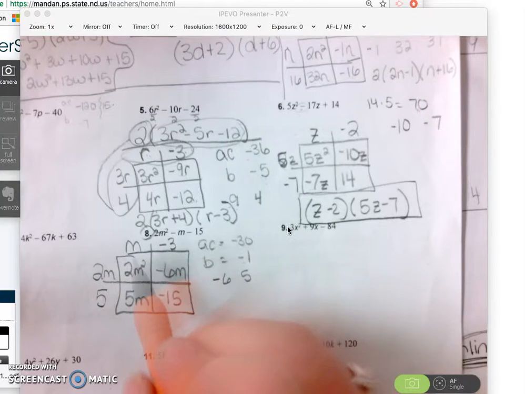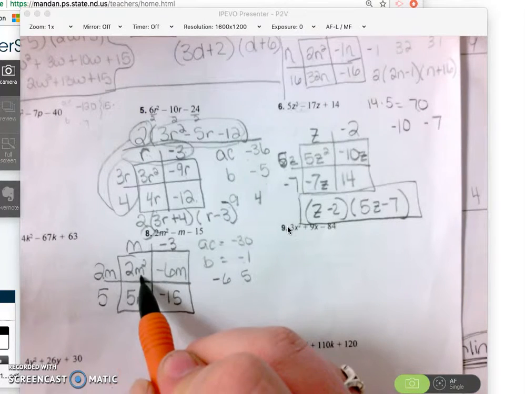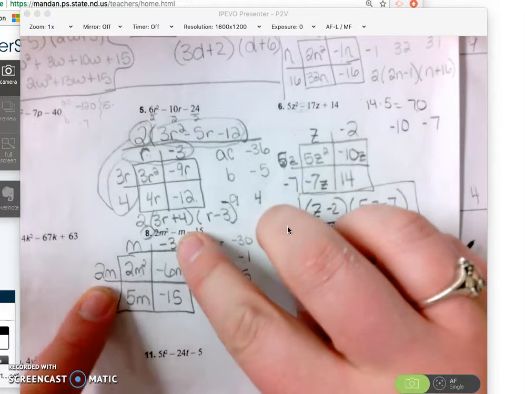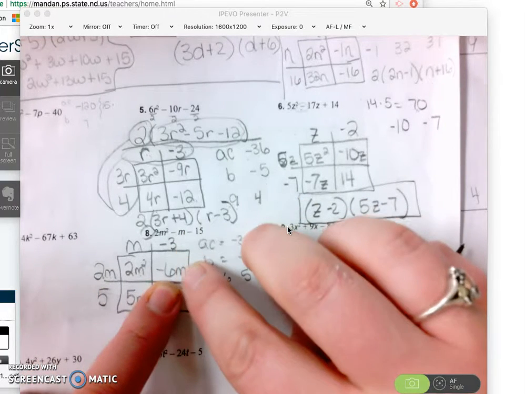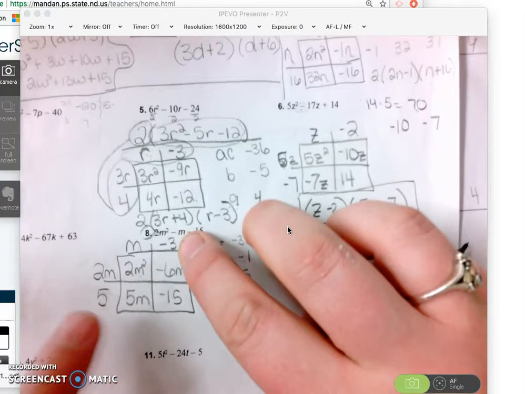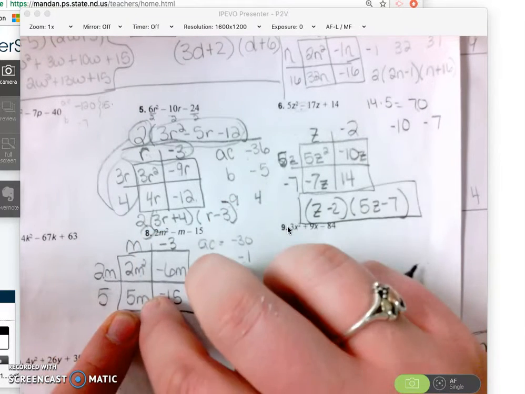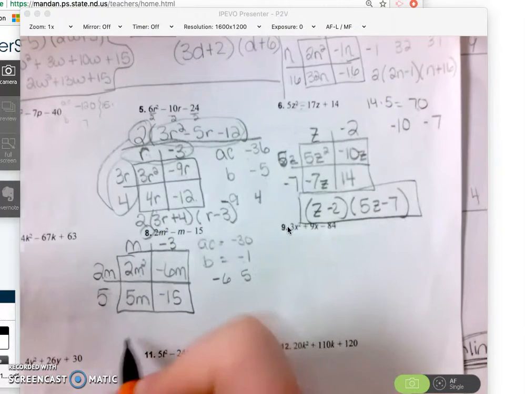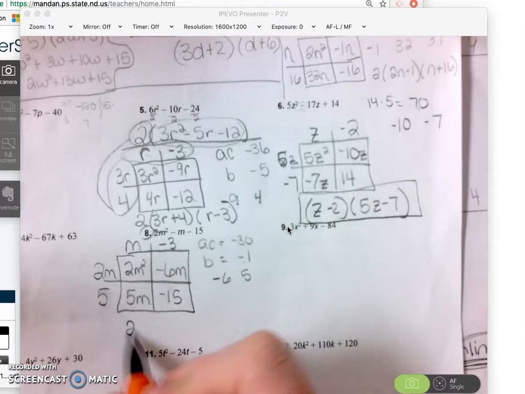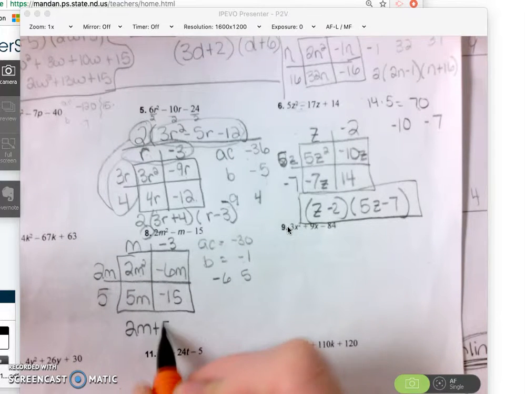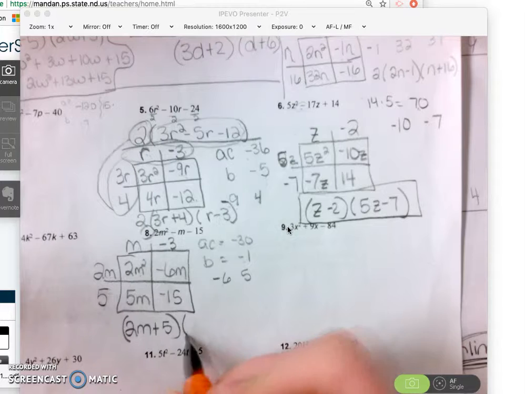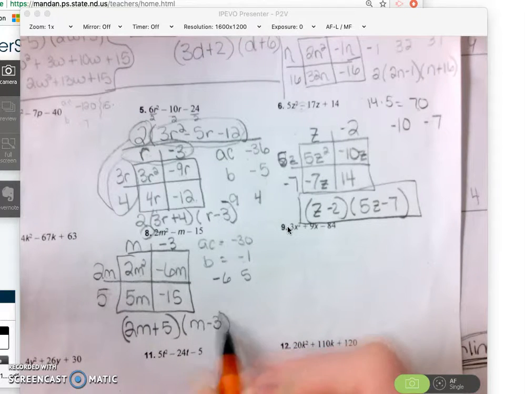So then I want to check. M times 2m is 2m squared. 2m times negative 3 is negative 6m. Negative 3 times 5 is a negative 15, and m times 5 is 5m. So I have my two binomials, 2m plus 5 multiplied by m minus 3.